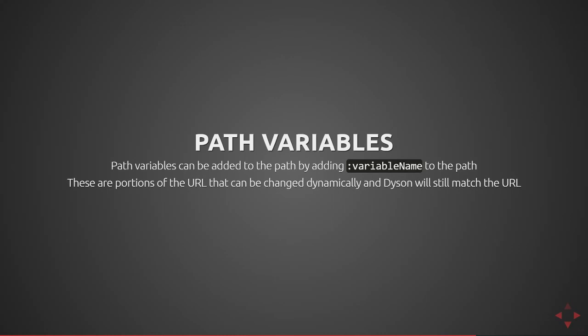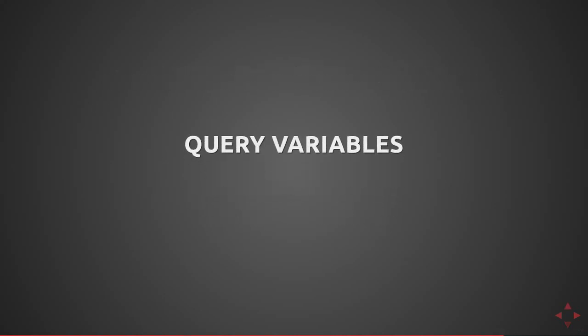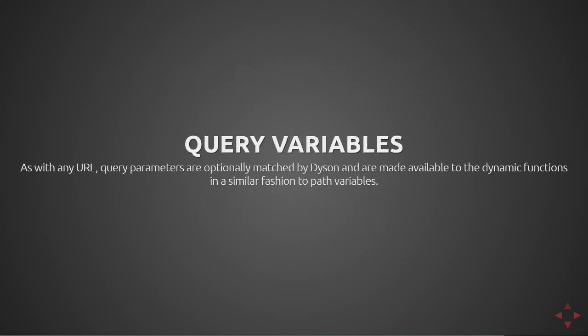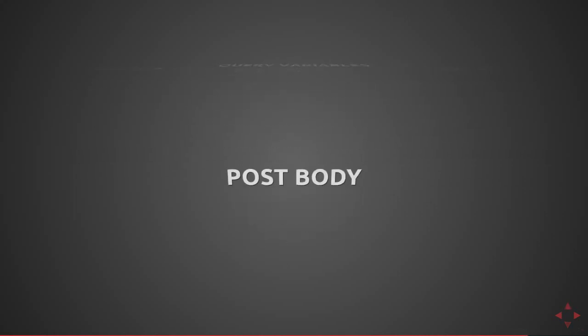So you can pass anything into these variables as long as they're valid escaped URL characters. Next, we're going to cover query variables, which, if you're familiar with the web, are the question mark and then the key value pair, and it'll accept any query variables and you can access them in that function.